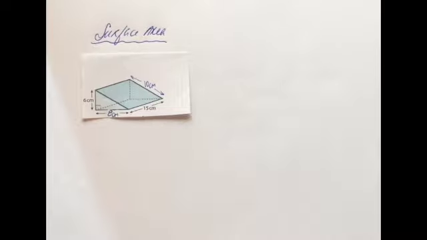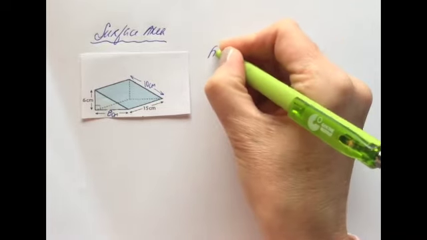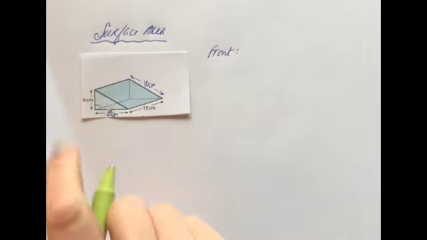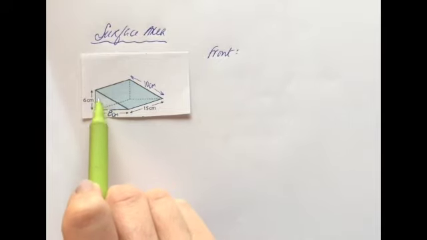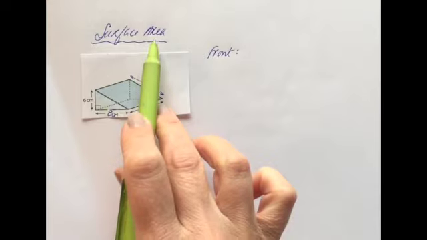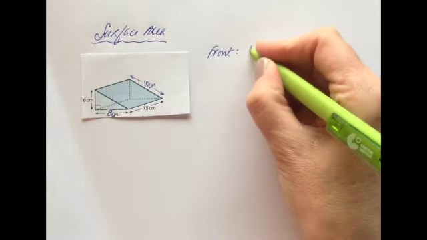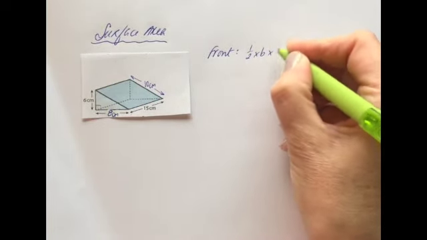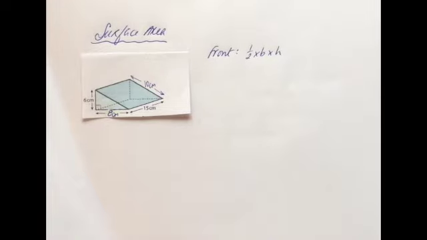Okay, so let's have a look at the front of the shape. The very front surface is a triangle. So what's the area of a triangle? Well, it is a half times base times height. That's the first thing you want to get clear for yourself: what is that surface shape, and what is the area of that shape, and get that written down.